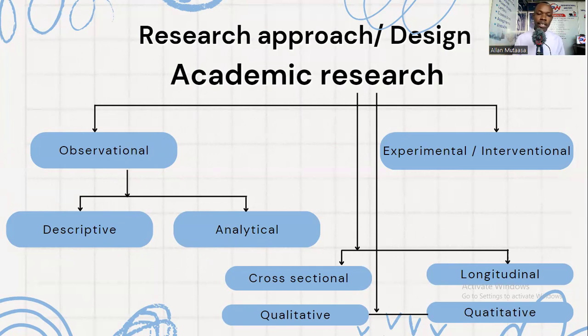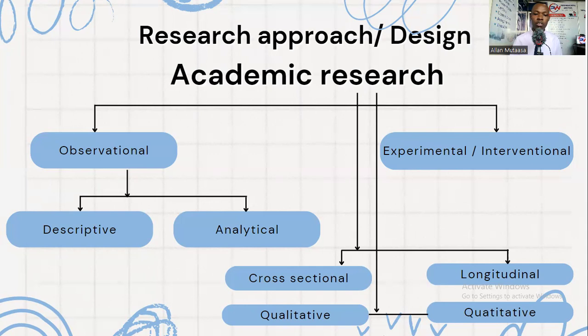An analytical study is also an observational study, but in this study, the researcher is comparing at least two variables specifically. For instance, if we are saying we want to understand employee motivation and performance. So we only want to understand employee motivation and performance. It is as opposed to when I say factors contributing to poor performance in a company, where motivation can just be one of them.